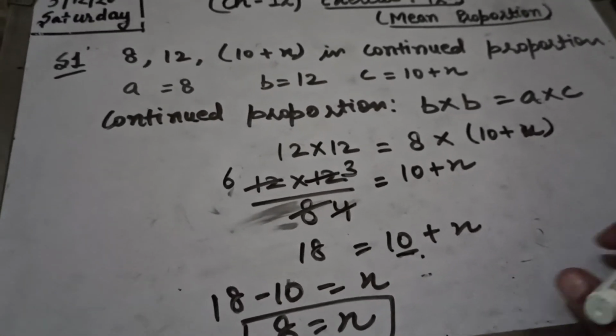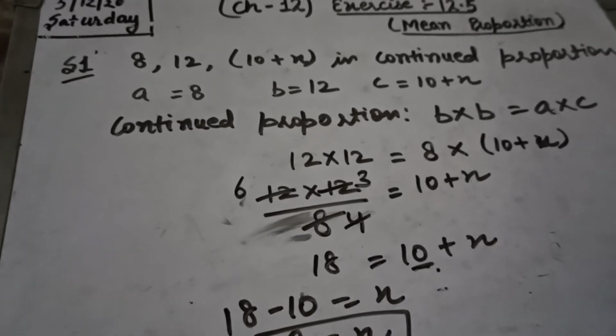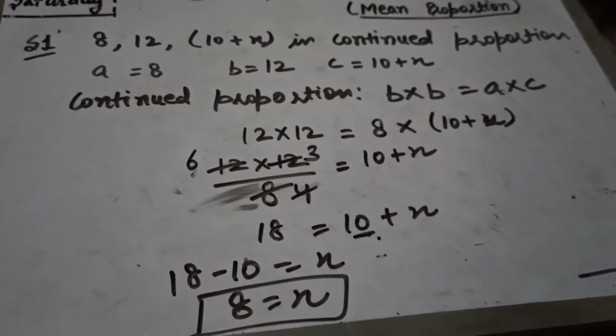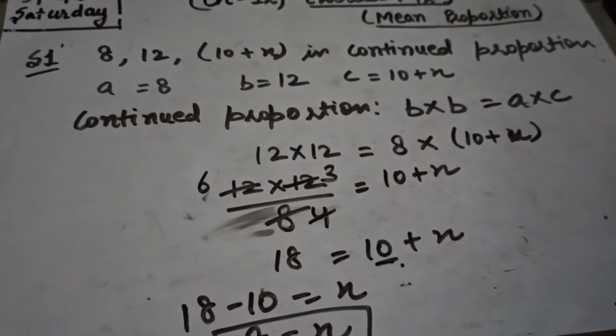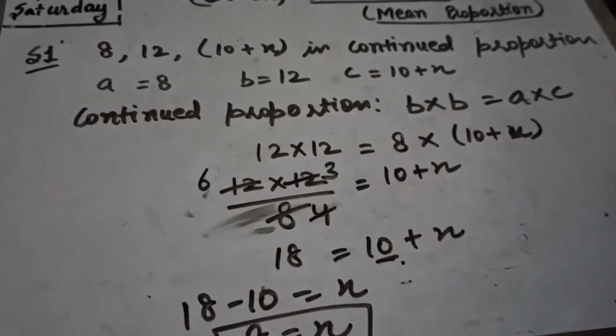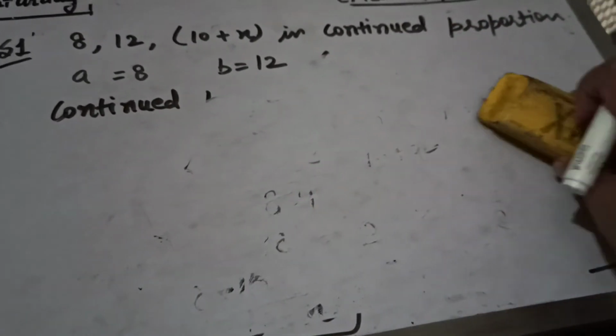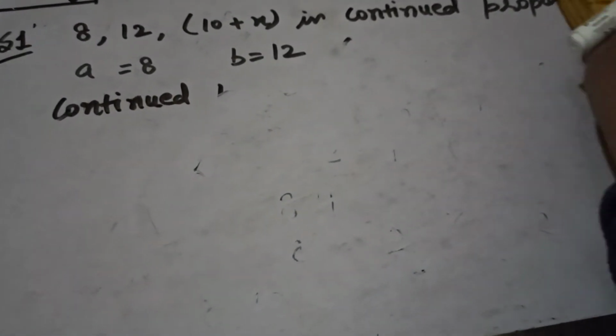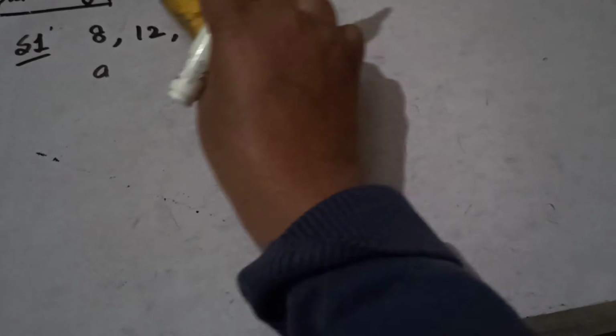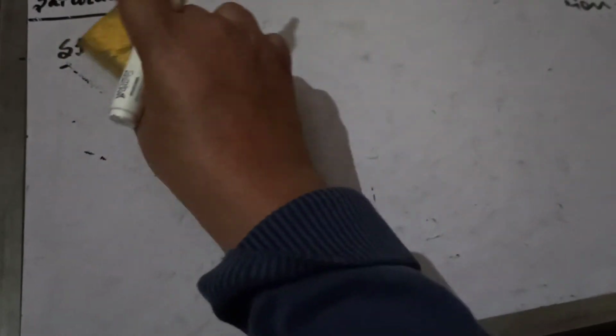Right? Now Q6, the group of the numbers x, 14 and 49 and 9, y and 36 are in continued proportion. Find the value of z if x, y, z are in continued proportion.